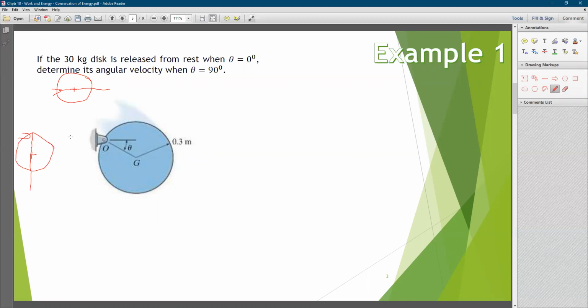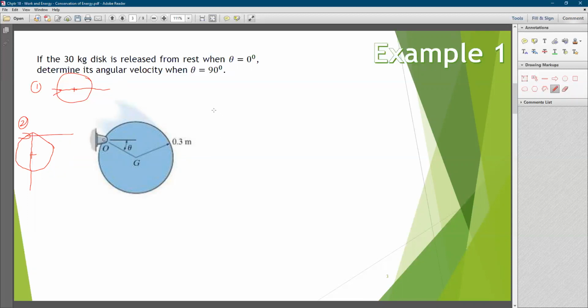This is the final position, and here we can see that it is making an angle of 90 degrees, from here to here is 90 degrees. Okay, it is at 1, it is at 2.